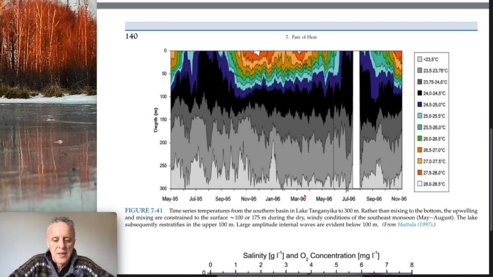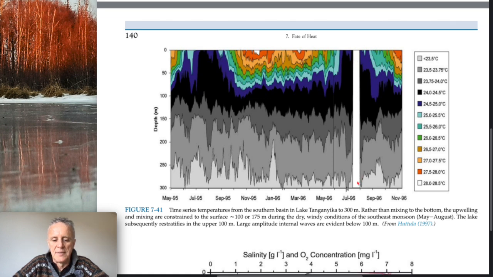During the dry, windy condition of the southeast monsoon, the lake subsequently restratifies in the upper 100 meters. So here we have the monsoon events, with a lack of stratification, and then we have the dry season with the presence of stratification during that time. And then potentially here we have no data.